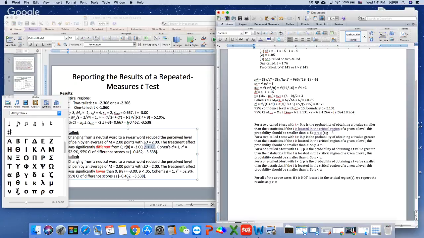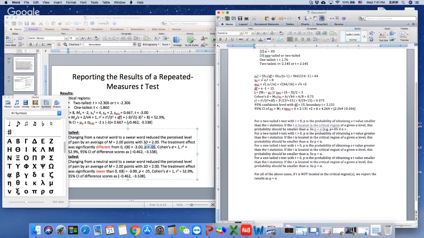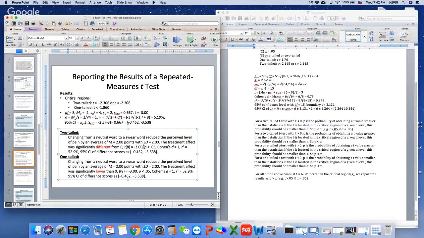For example, P smaller than 0.05 if alpha equals 0.05. So that's how we write this part, whether or not P is greater or smaller than our alpha level.